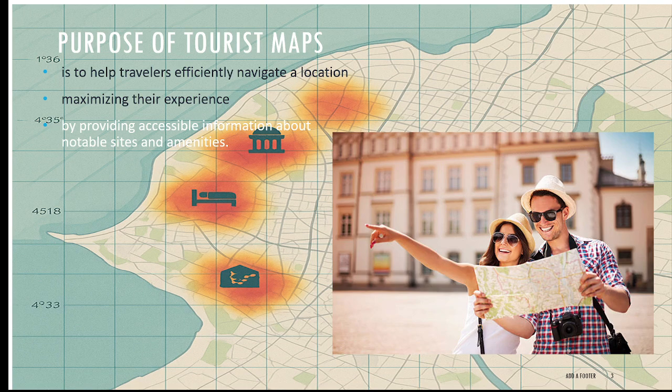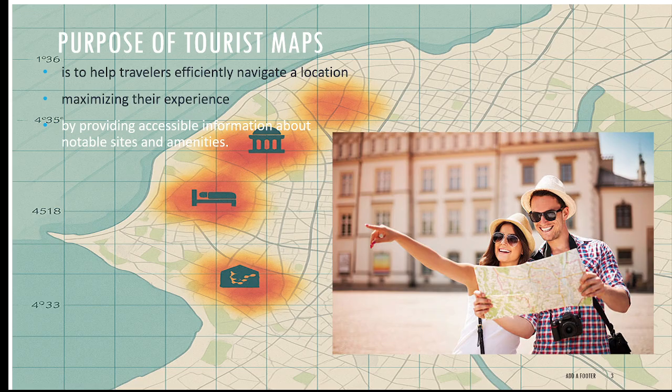The primary purpose of the tourist map is to help travelers efficiently navigate the location while maximizing their experience by providing accessible information about notable sites and amenities.